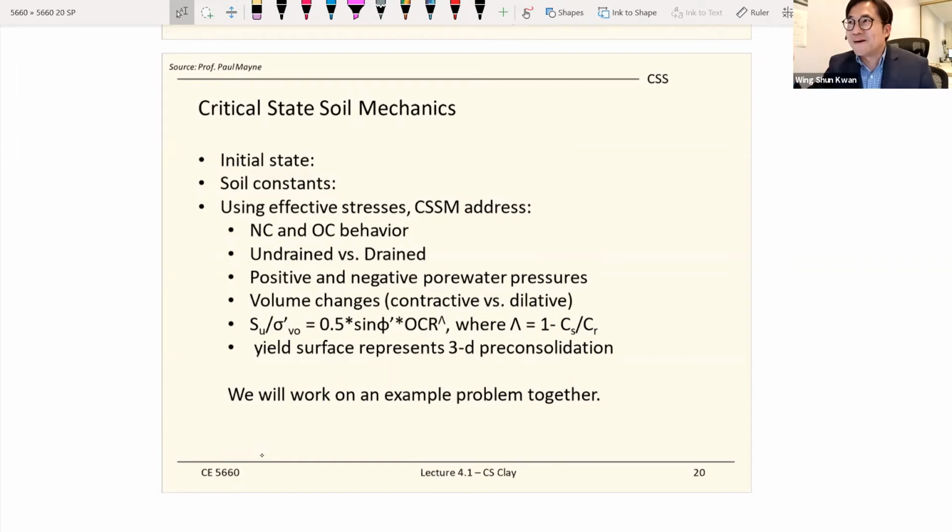Mathematically, it's just simple algebra. A point, a slope, then you can set up the three lines. The point will be the initial state: the void ratio and the stress state give you one point.